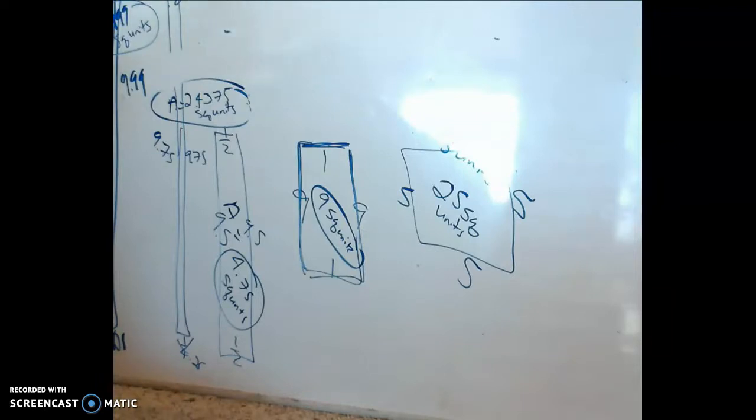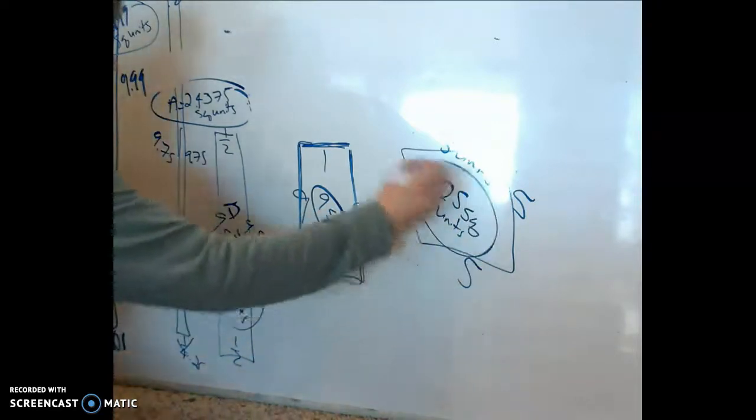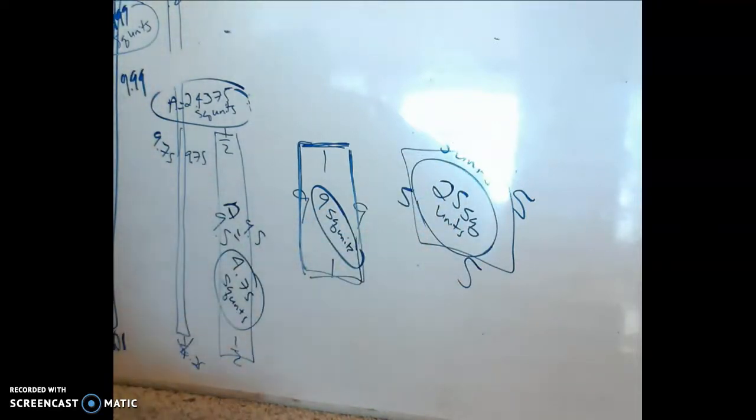So I can get very low area, but what's the maximum area I can get? My maximum is 25 square units. So when I'm stuck with a perimeter of 20, the maximum area I can get is 25 square units. The minimum can get pretty darn close to 0 when it's a super skinny flat thing.